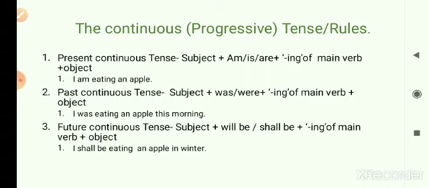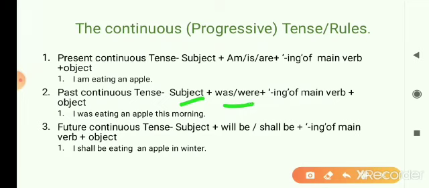Past continuous tense. Here, whatever is in present tense will become past in the past tense. Is will become was, are will become were. Subject plus was or were plus ing of main verb plus object.